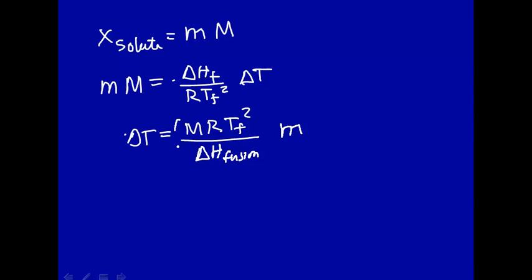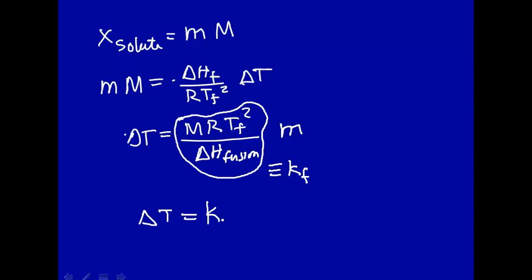And if we define these terms here as Kf, we have the introductory chemistry expression: delta T, the freezing point depression, is equal to a constant Kf times the molality.